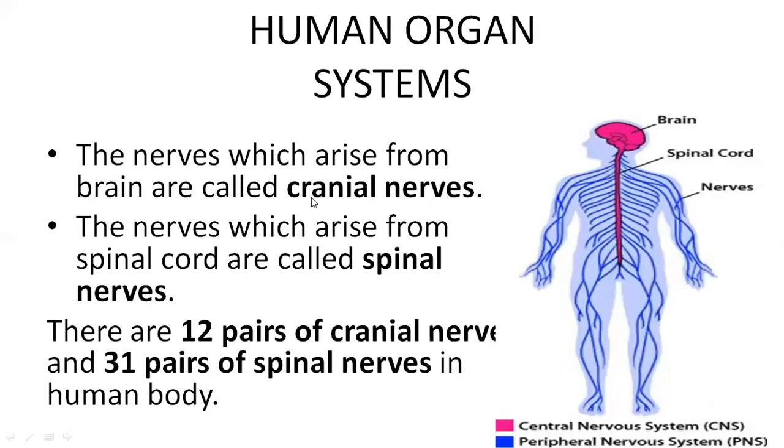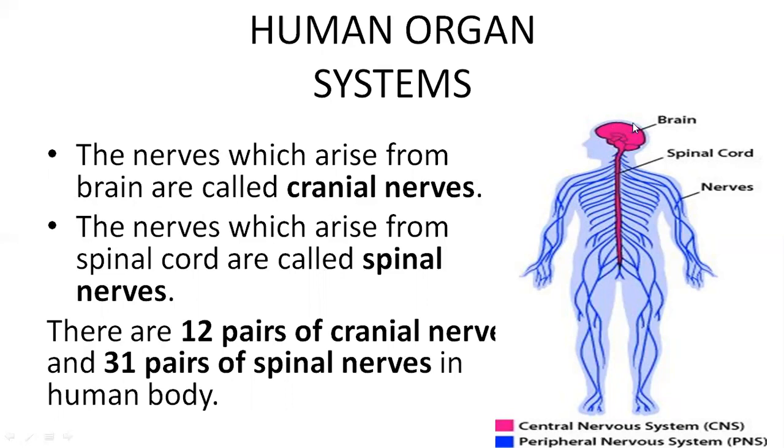The nerves which make up the peripheral nervous system are of two types. One is cranial nerves and the second category is spinal nerves. Now, what are cranial nerves? Simply the nerves which arise from brain are termed as cranial nerves.